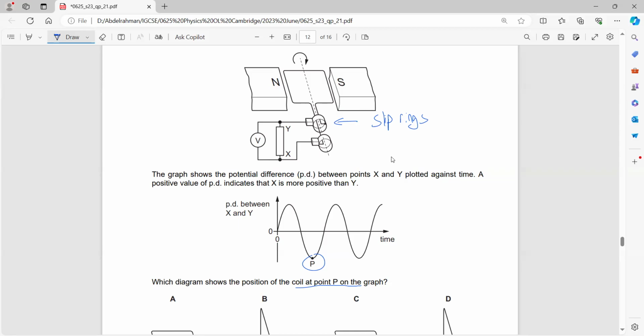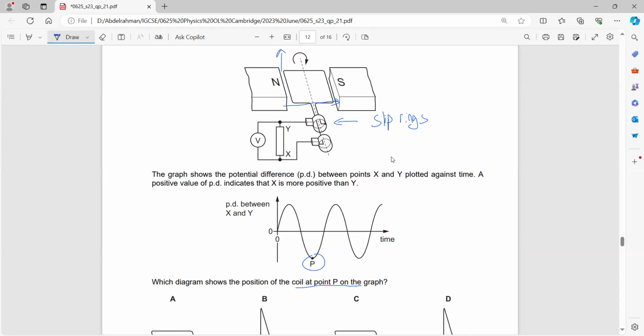For an AC generator, you have to use Fleming's right-hand rule to find out the direction of the current in the wires. Using Fleming's right-hand rule, in this case, you have the force directed upwards and the magnetic field from the north to the south. The thumb is the force directed upwards.